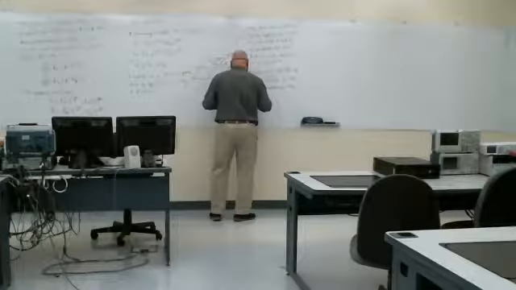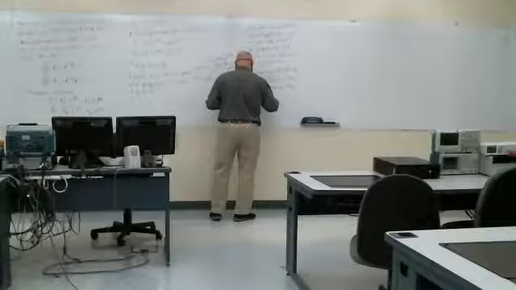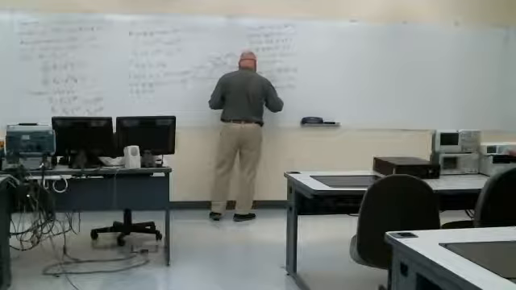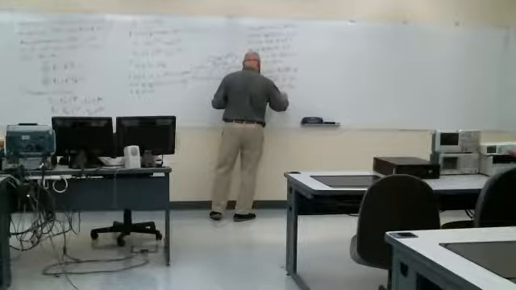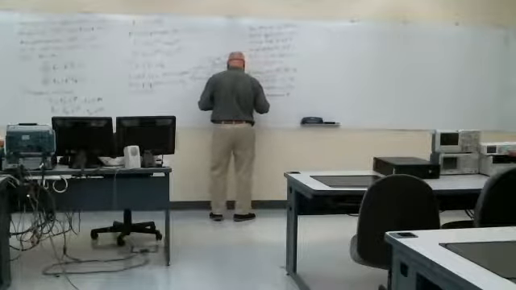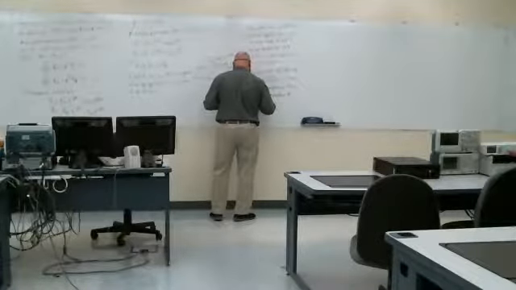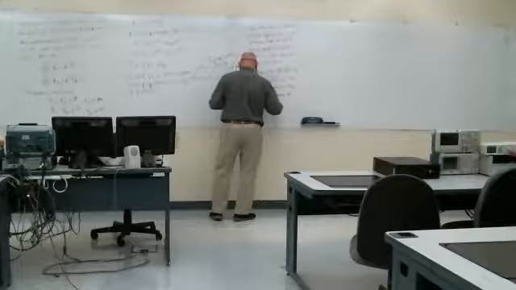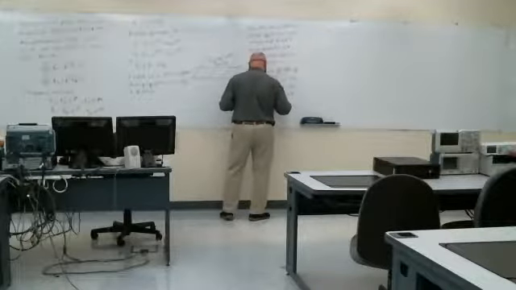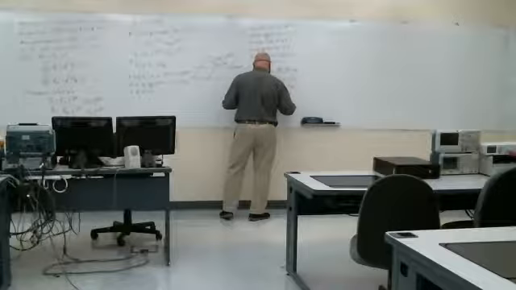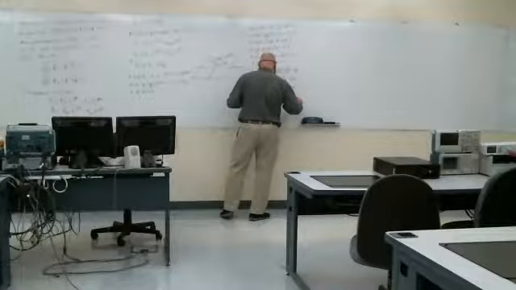But if we are in free space, the intrinsic impedance of free space is eta 0, square root of mu 0 over epsilon 0. That's 377 ohms.